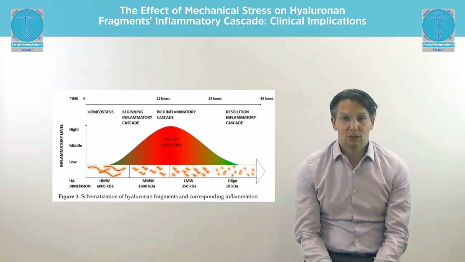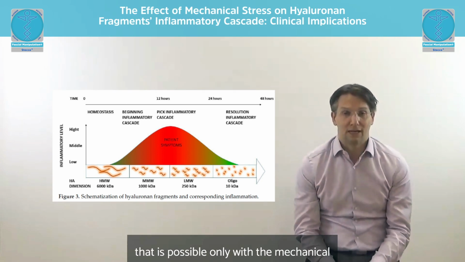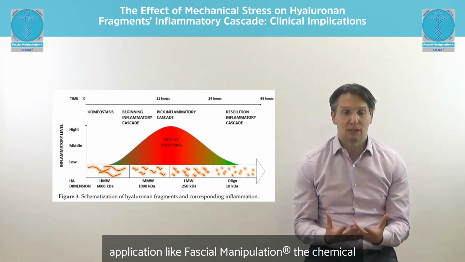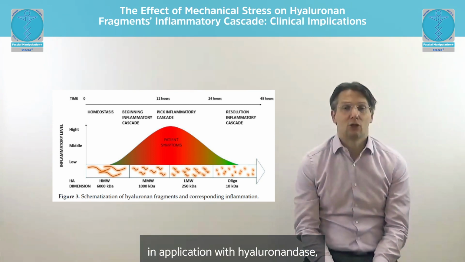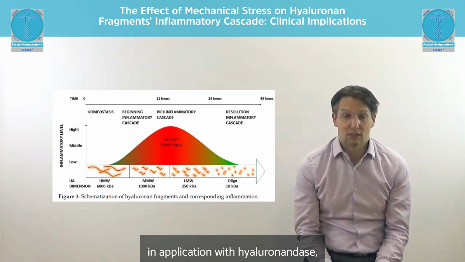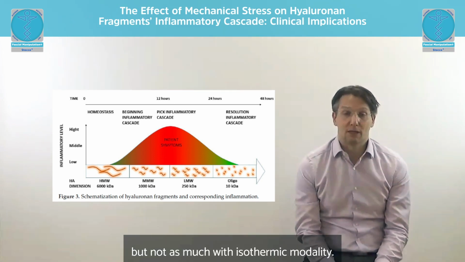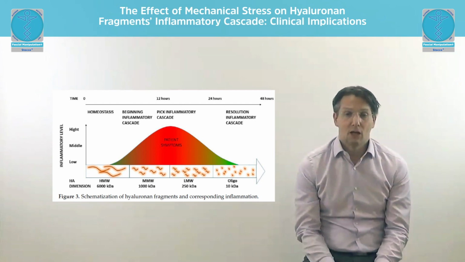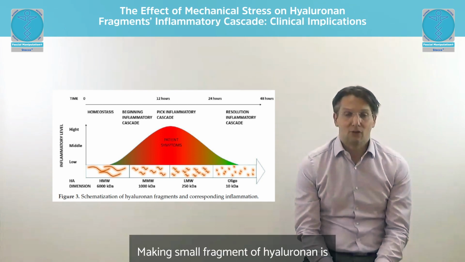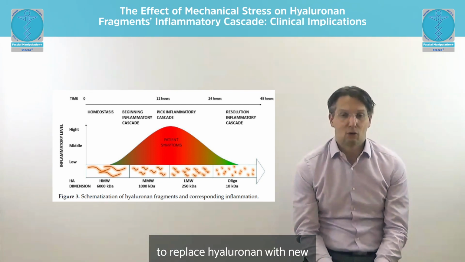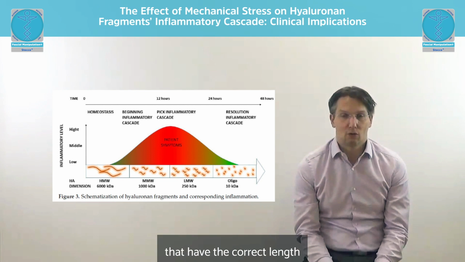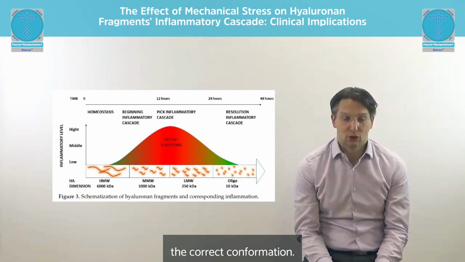This seems possible only with mechanical application, like fascia manipulation, or chemical application with hyaluronidase, but not as much with exothermic modalities. Making small fragments of hyaluronan is the best way to allow the turnover, to replace the hyaluronan with new chains that have the correct length and the correct conformation.